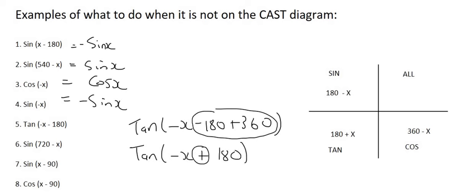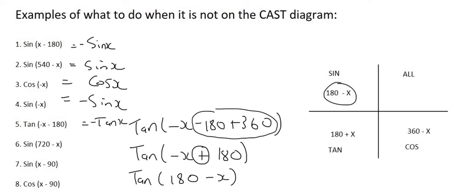However, there is a plus in between. And so when you plus, the order doesn't matter. And so that is the same as 180 minus x, which is on the diagram. And so we can simply take the answer as tan x, and then because tan is not positive there, we'll just add a little minus in the front.